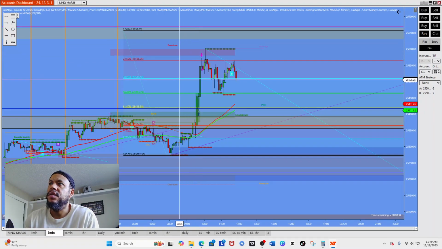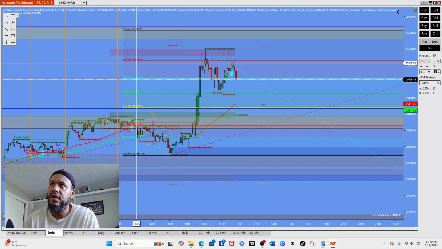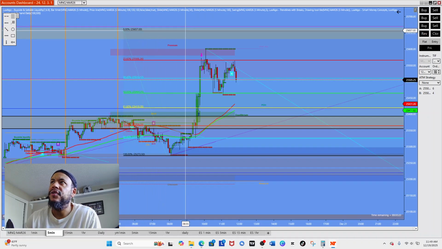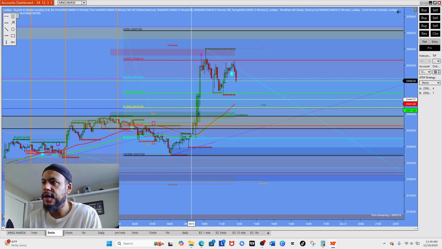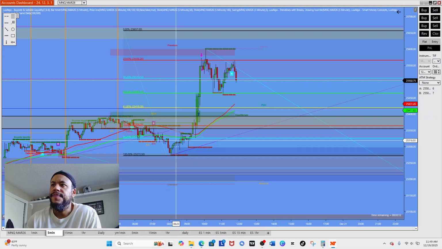If it keeps running up, those are just runners. You'll leave a runner at the 23% level and at the 0% level, and that's pretty much always full TP, unless there's a daily line or an unmitigated level up here that price wants to get to. So that was today's trade, and that's how you set up this trade.